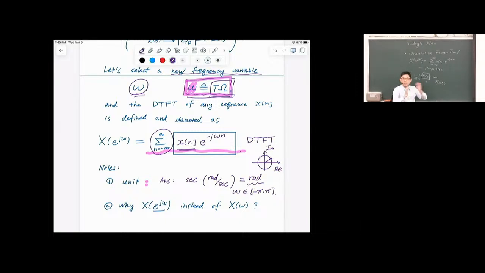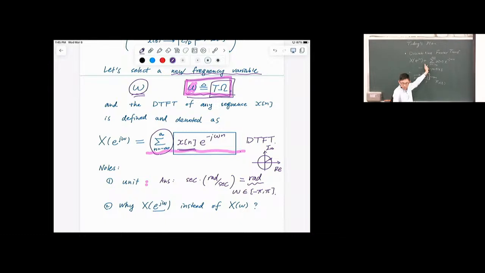In the rest of this entire semester, we will stick to this definition, and we will see that it is an adequate representation for our signal in discrete time. So we just stick to this. This is a very important definition, and we need to fully understand it.